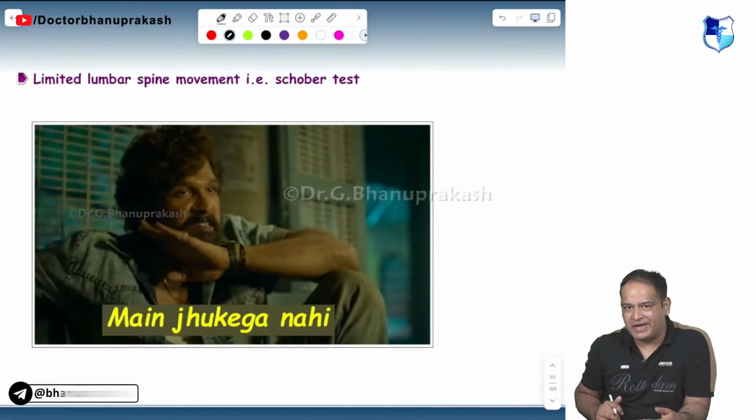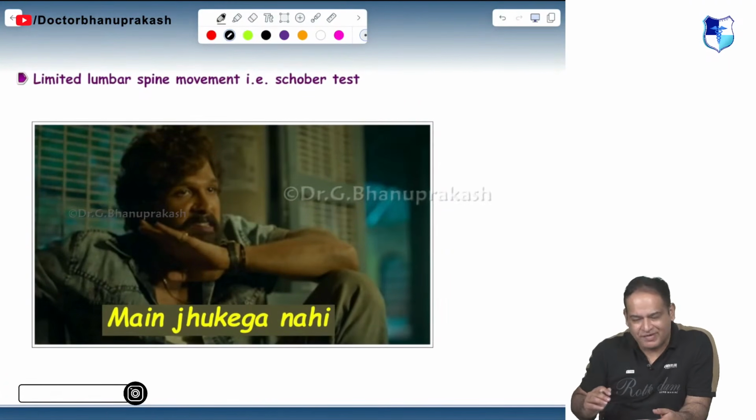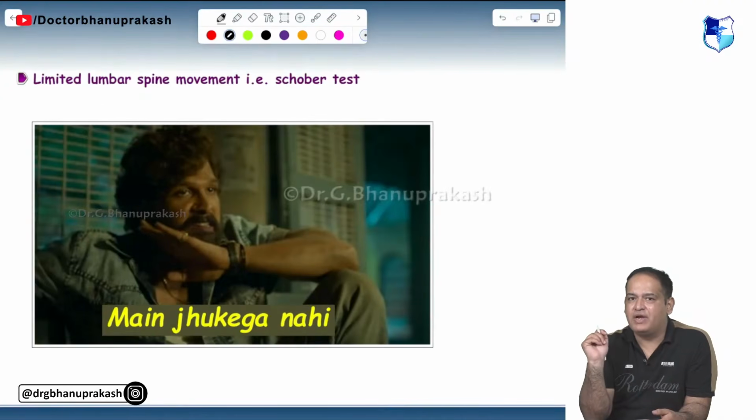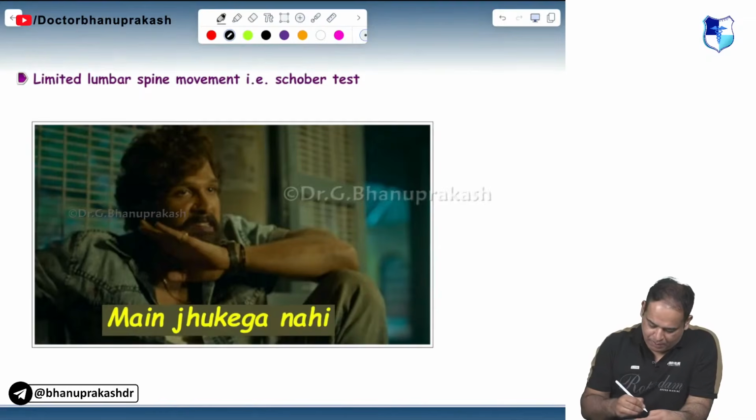Now, clinical test. For lumbar spine, you ask the patient to bend, patient will not be able to bend.